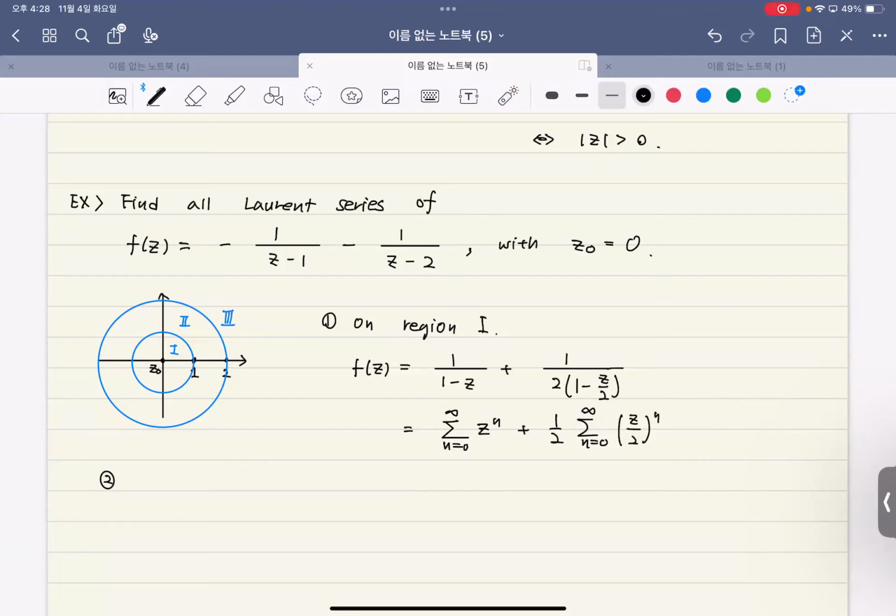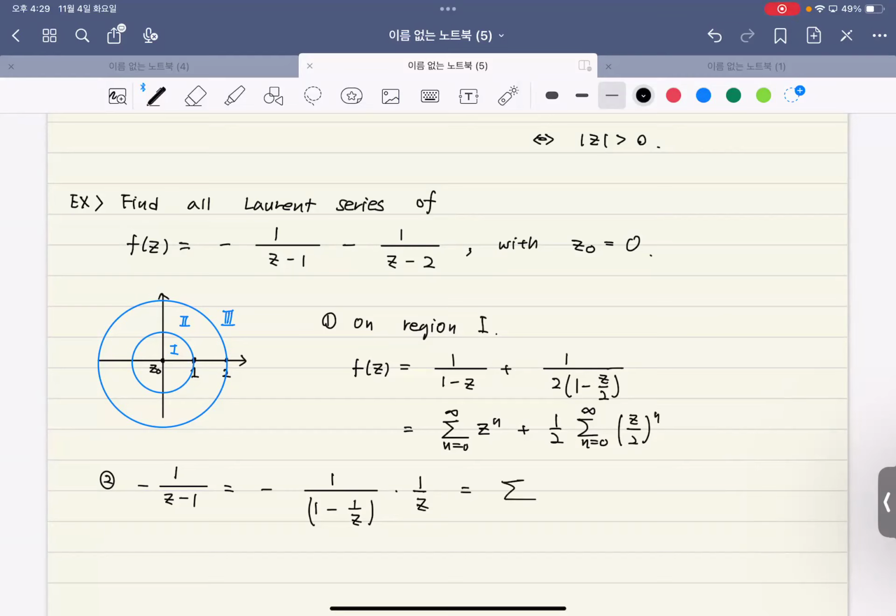So therefore, z minus 1 should be written as z times, 1 minus 1 over z, everything inverted. Am I right? Oh, yeah, this is good.